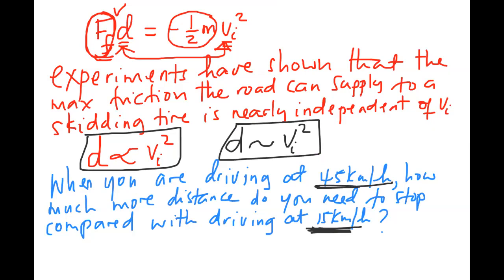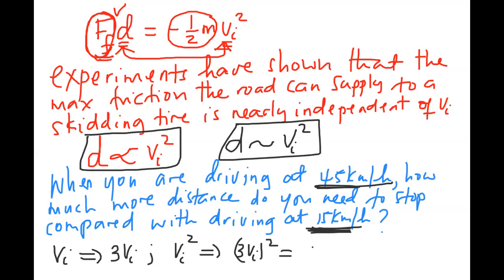Well, you might say VI goes to 3 VI, then VI squared goes to 3 VI squared, and this gives you 9 VI squared. So VI squared goes to 3 squared times VI squared.